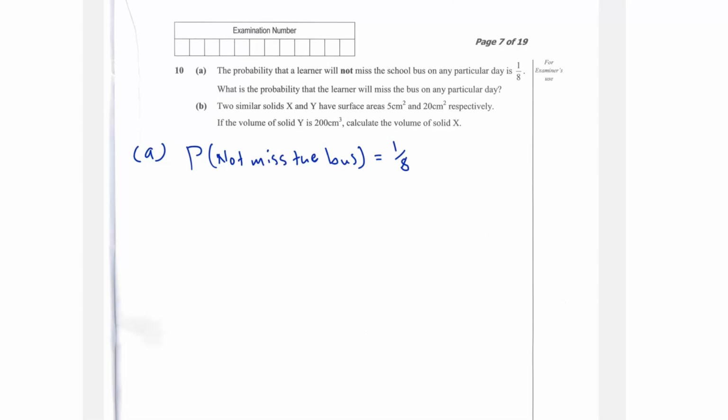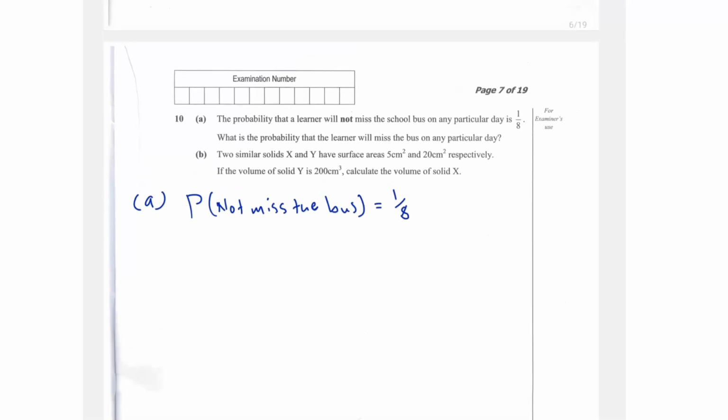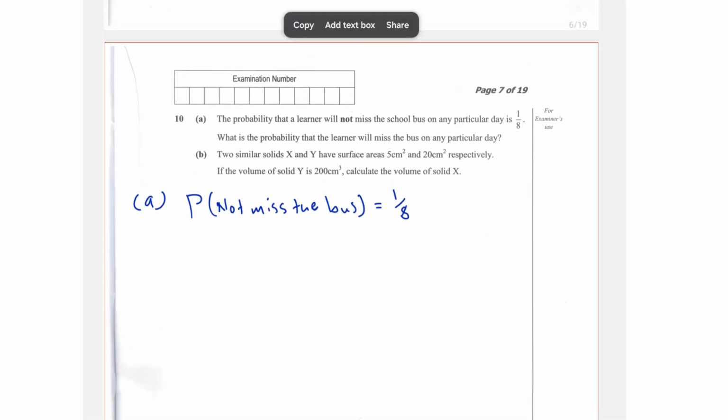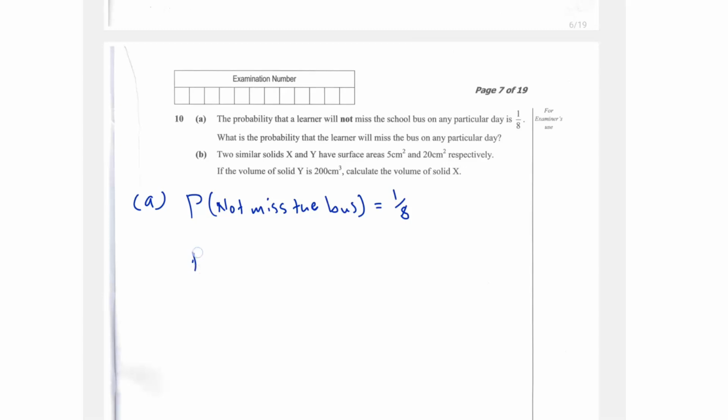So the probability of missing the bus is what we are supposed to find. The probability of missing the bus will be 1 minus 1 over 8, since probability is always out of 1.